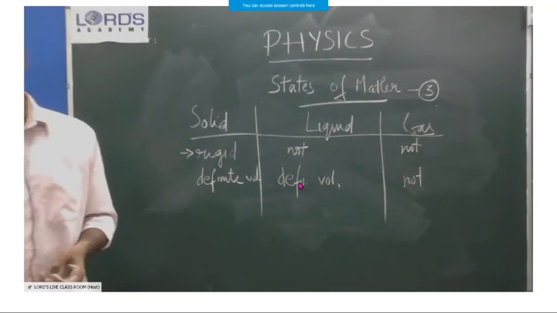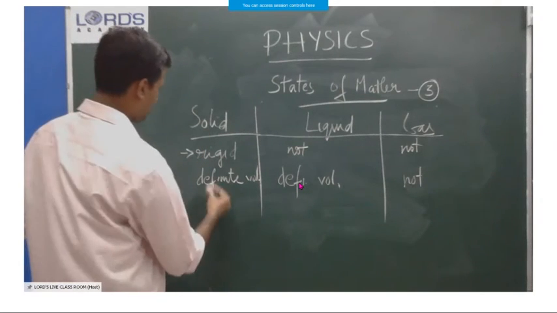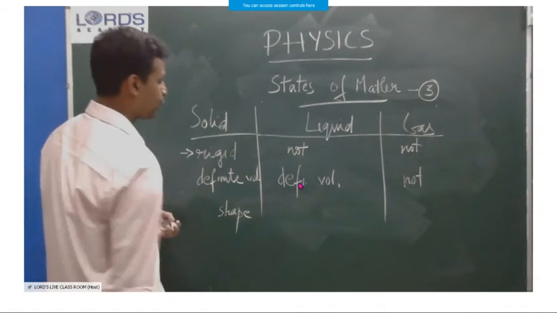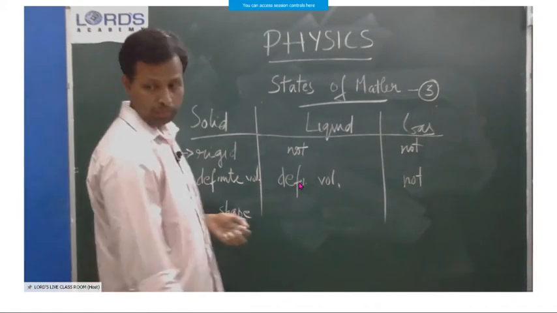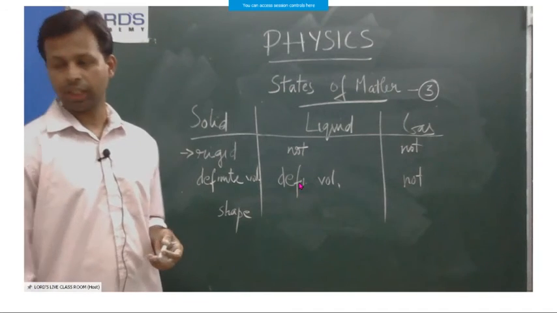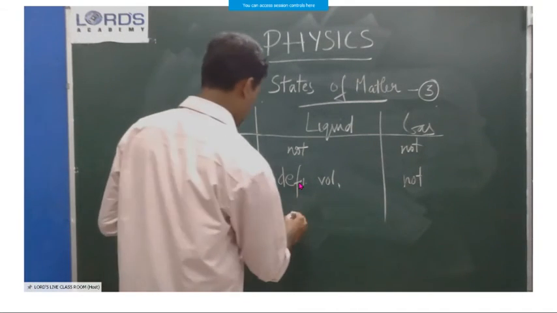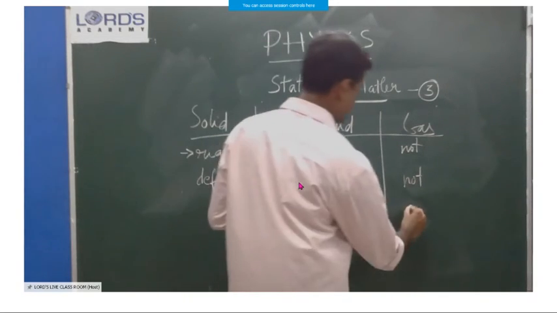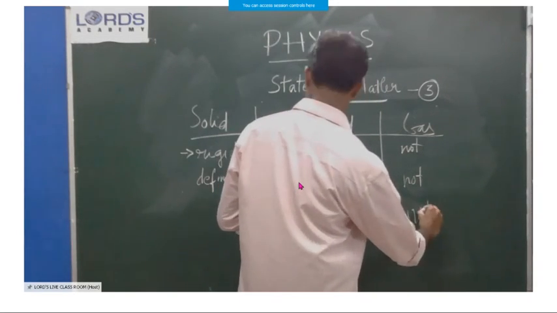Okay. About shape, we know solids have a definite shape. Liquids do not have a shape, but they take the shape of the vessel or the container in which they are kept, and gases also do not have a definite shape.